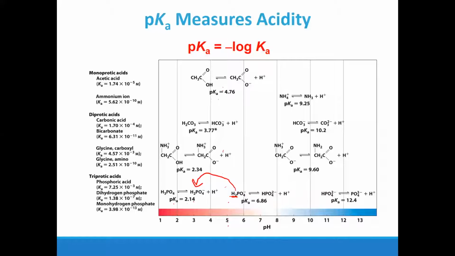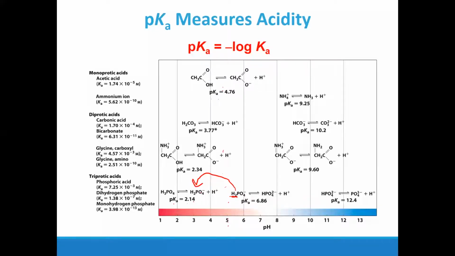So here you can see H3PO4 losing its first proton. This has a very low pKa. It will dissociate at a low pH. This is a stronger acid. It's a very strong acid when in this form dissociating its first proton.